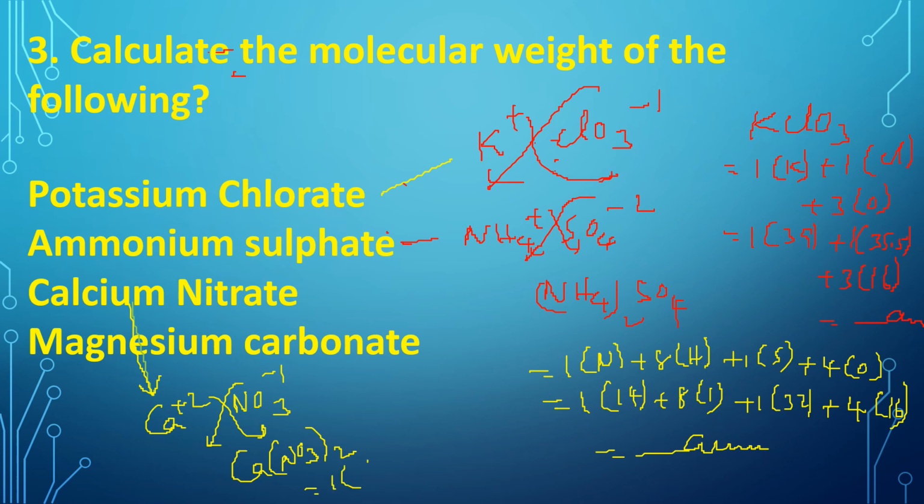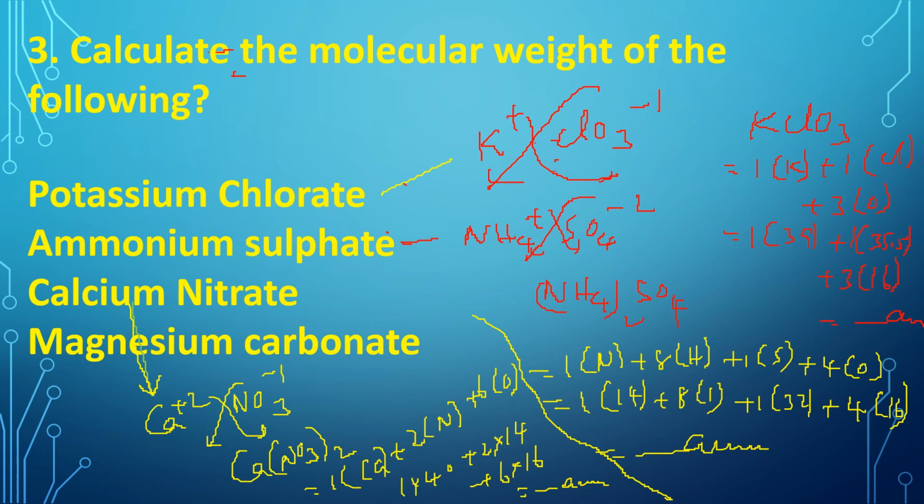That is equal to 1 into Ca plus 2 into nitrogen plus 6 into O. Then finally 1 into 40 plus 2 into 14 plus 6 into 16 is equal to dash AMU, like this.